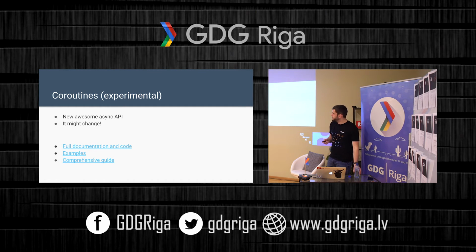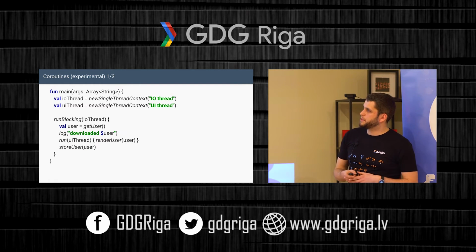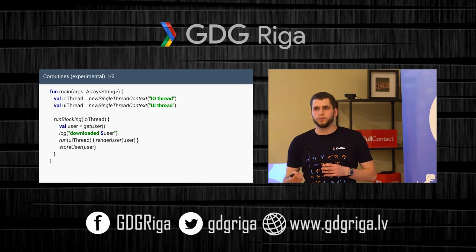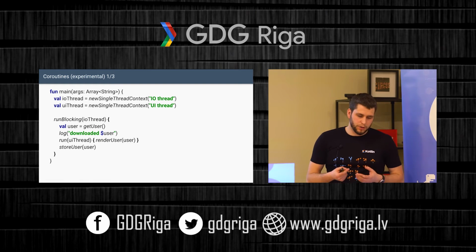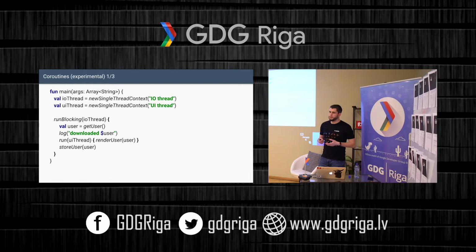But now for a quick example and why I think coroutines are great. Here we have a simple main function of some application that does some multi-threading, because we don't want to do hard work on the UI thread that does our rendering and answers user input and stuff like that. So we don't want to block that until, for example, we are getting the user information from some remote server.